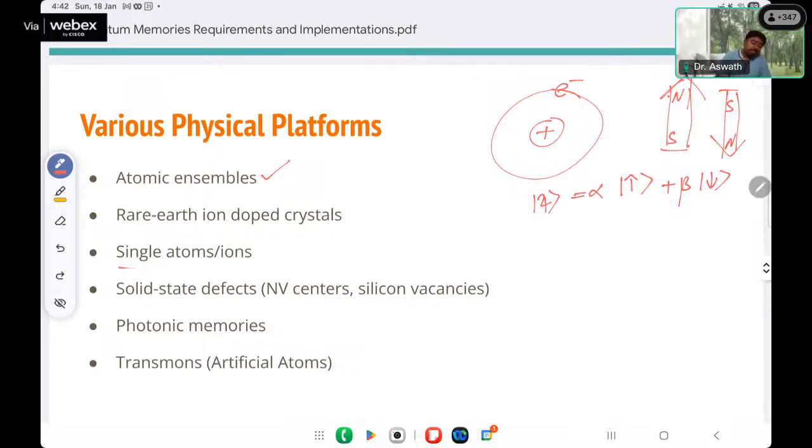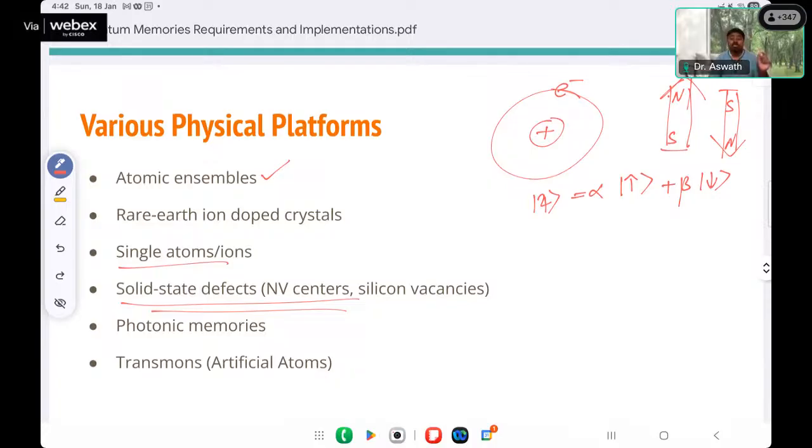Single atoms and single ions are possible. They can be trapped. There is something called NV centers. I'll show you figures. What are these NV centers? Or there are silicon vacancies also. You take carbon, a diamond structure. You remove a few carbons, put nitrogens inside, and leave a few carbons not replaced by nitrogen.